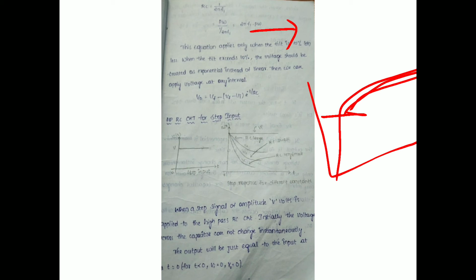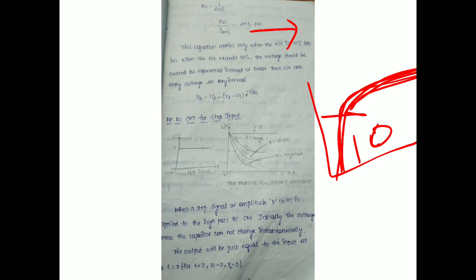So V out of t is equal to Vf, the final voltage, minus (Vf minus Vi) e power minus t by RC. That means the signal increasing from 10% to 90% is an exponential signal.